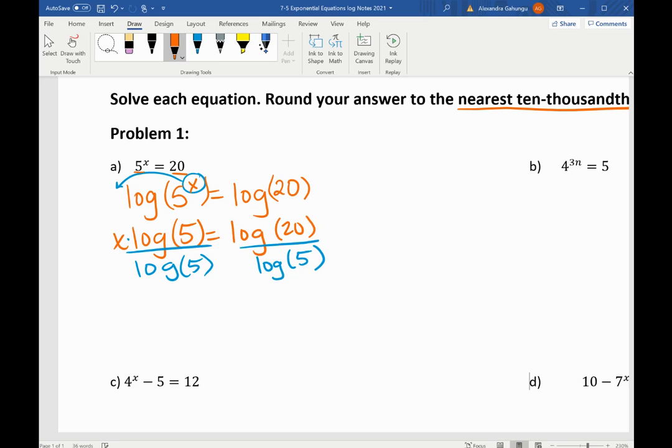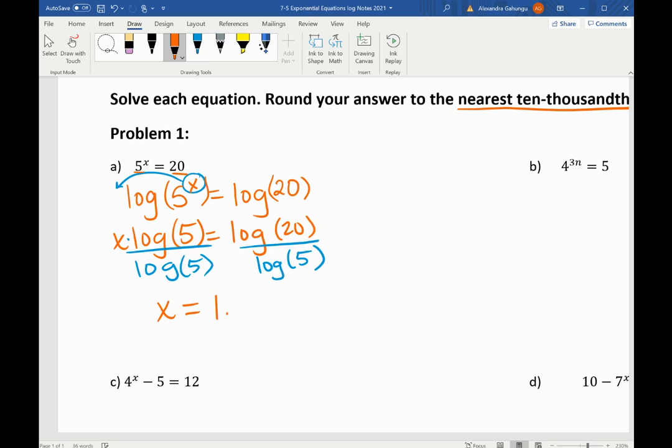And then for your final answer, you're going to type in log of 20 divided by log of 5, and you'll round it to the nearest 10,000th. So that's 4 decimal places.